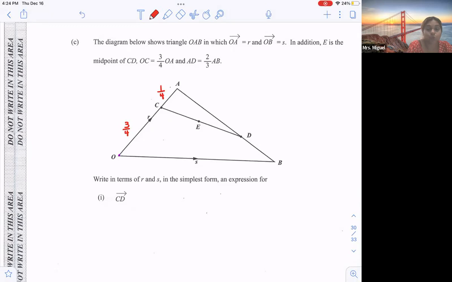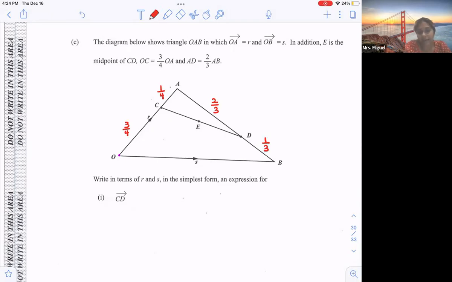AD is 2/3. So how much would BD be? If here is 2/3, how much again to make a whole? 2/3 plus how much? 1/3. So that is some information we can put in our diagram.